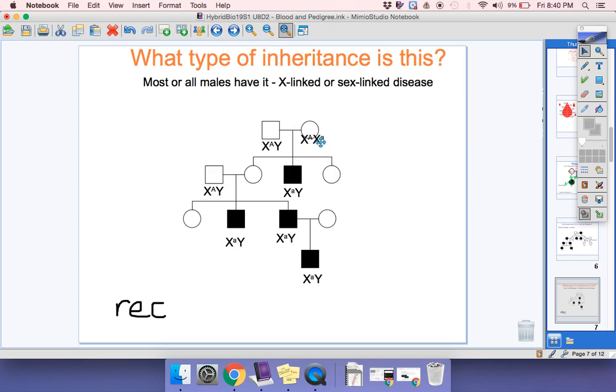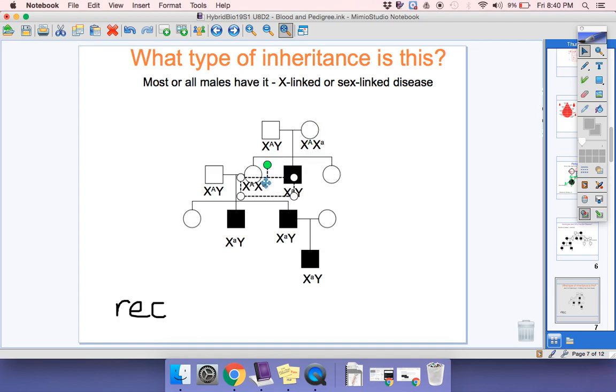They have to carry a bad X, but they can't have two bad X's or lowercase x's because otherwise they would have the disease. So boys get their Y's from their dads, their X's from their moms. And so if the boys have a bad X, it has to have come from their mom. Okay.